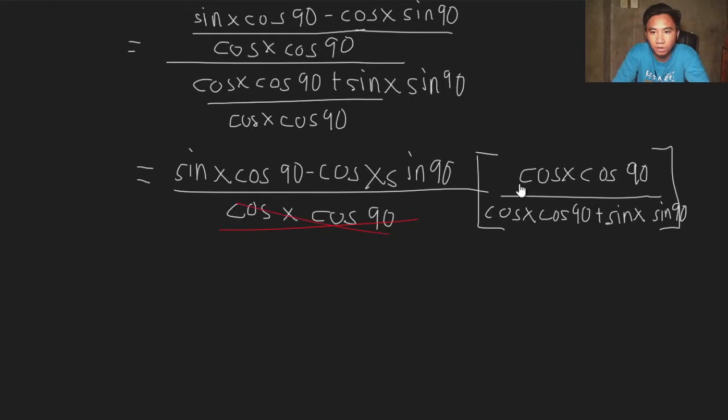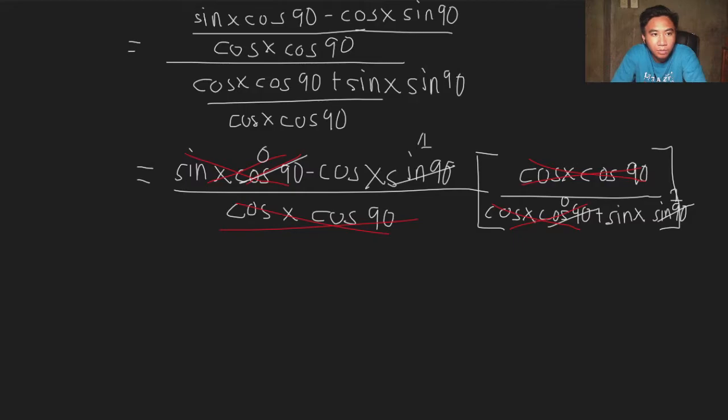So, what is the value of cosine 90? This is 0. Sine 90 is 1. Then here, cosine 90 is 0 again and sine 90 is 1. So, these terms are gone.